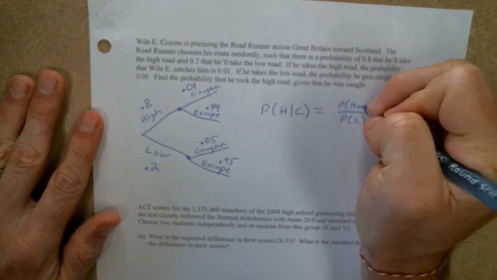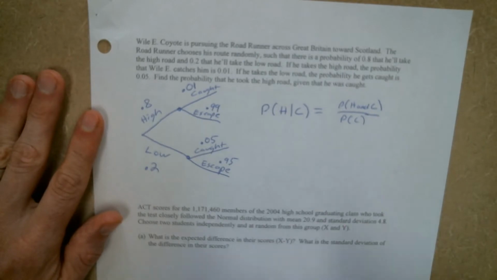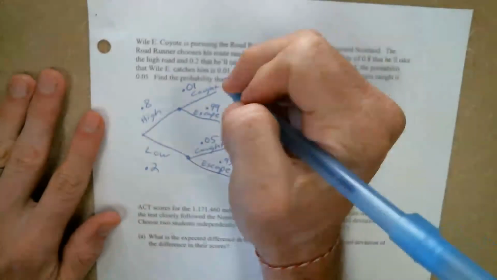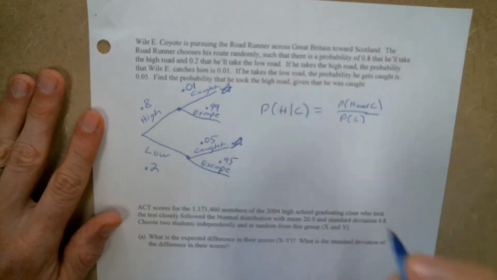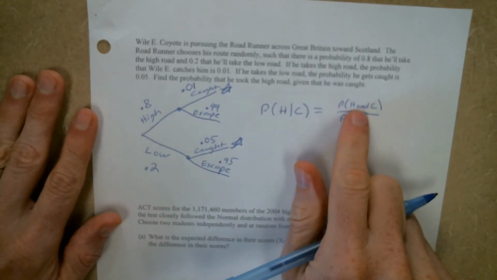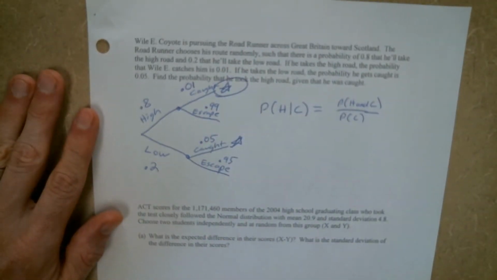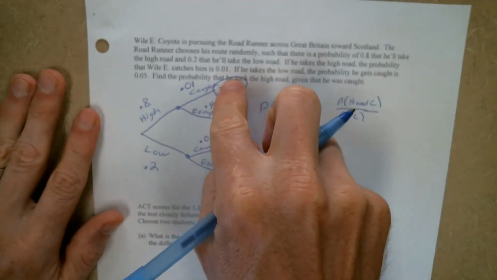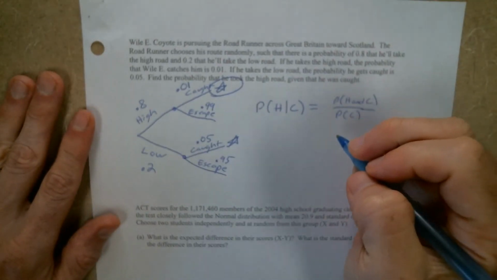So the probability of taking the high road and getting caught. So to find the probability of getting caught, we have to use this branch and this branch. And then the probability of taking the high road and getting caught is just this branch right here. So it's basically this one over these two added together.